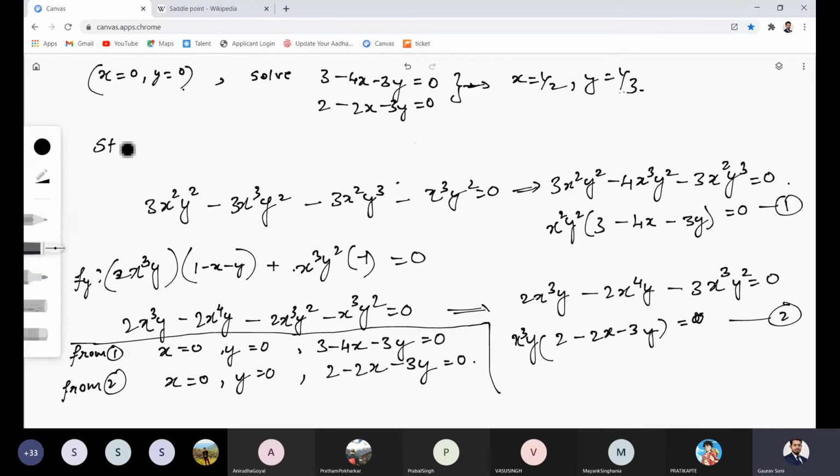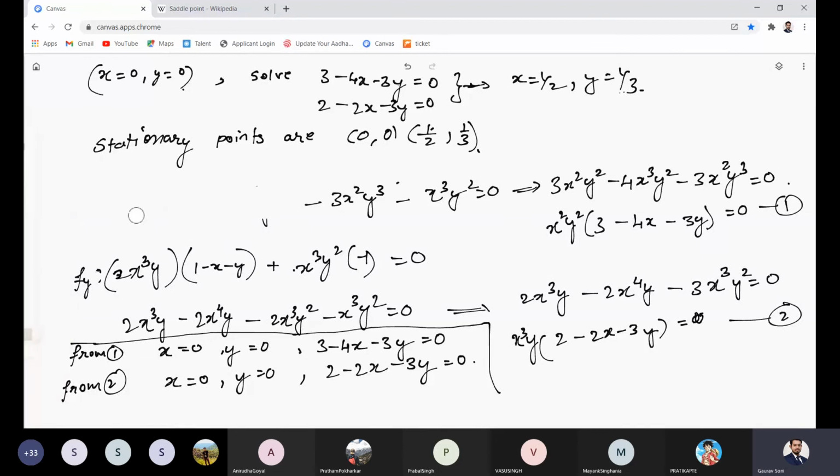So the stationary points are 0, 0 and 1 by 2, 1 by 3. Now we can simply go for the table.